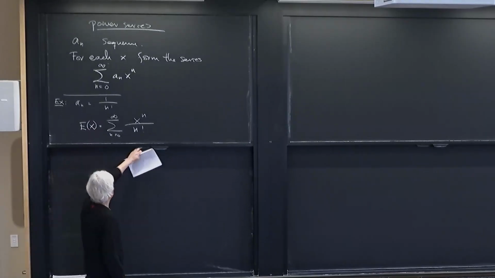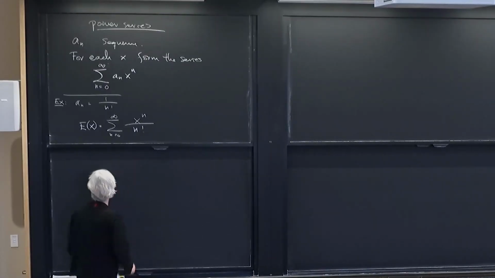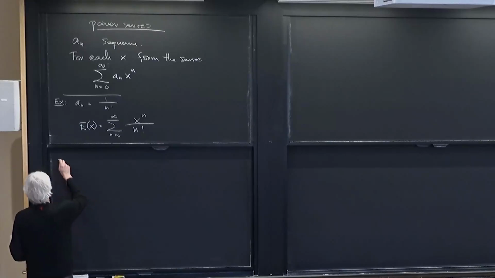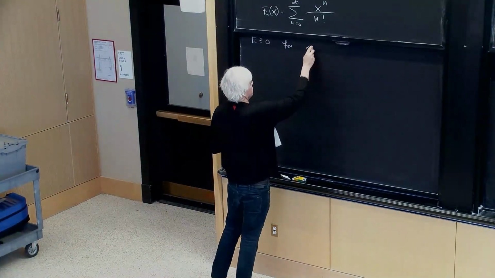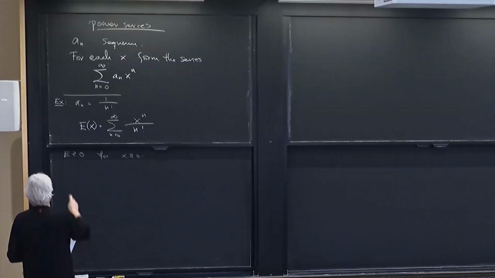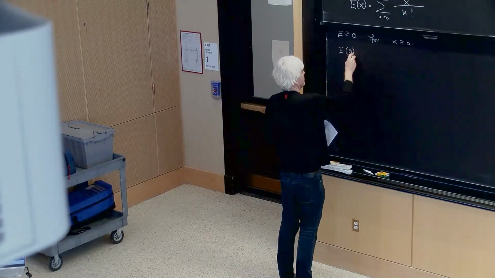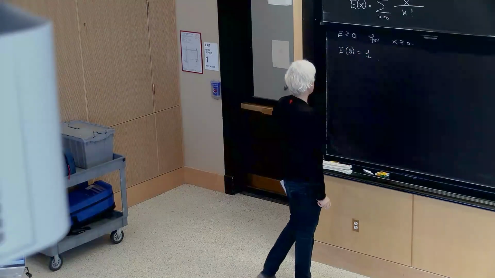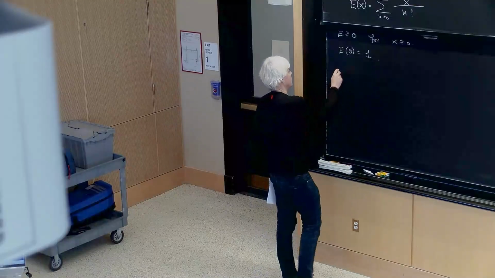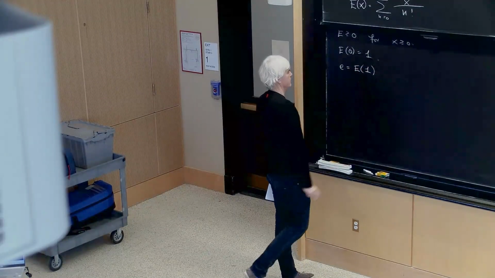And then we observed that E of x is bigger or equal to 0 for x bigger or equal to 0. And we also observed that E of 0 is equal to 1. And we defined little e to be this function E of 1.